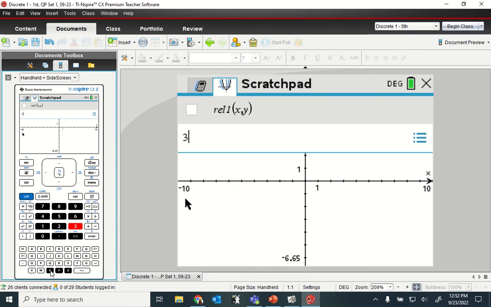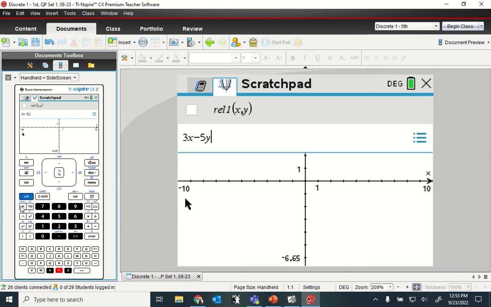So that was 3x minus 5y. Now, the next part is going to be tricky, and this is what I want you guys making sure you know. We normally use an equal sign here, right? But I don't want an equal sign. So what you're going to do is hit Control equal.